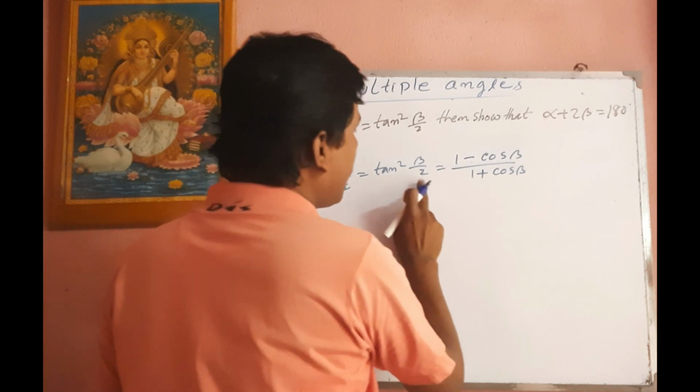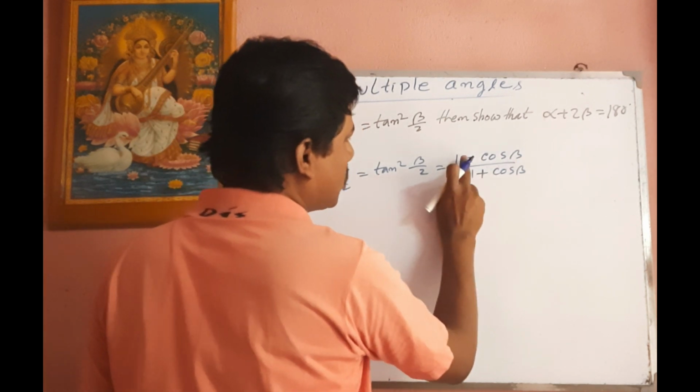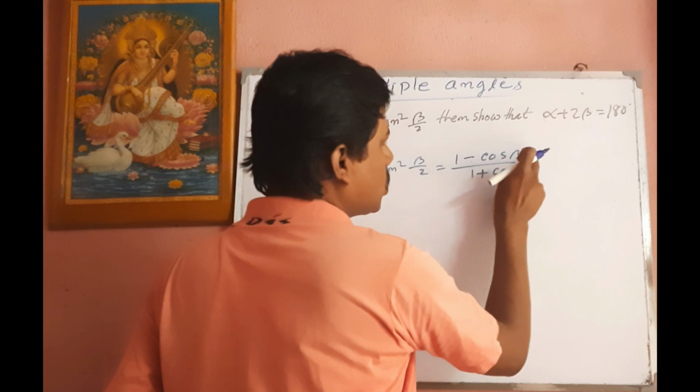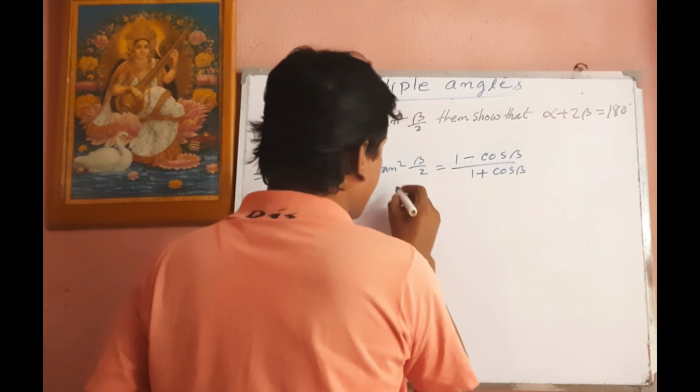Now using the tan square theta formula in terms of cos, we get 1 minus cos of beta divided by 1 plus cos of beta.